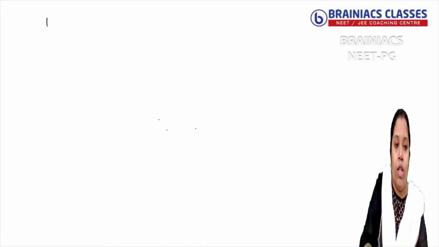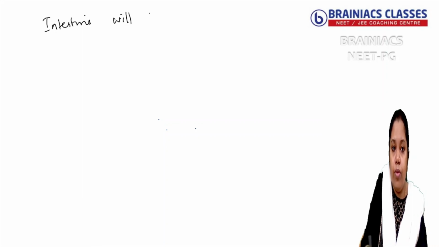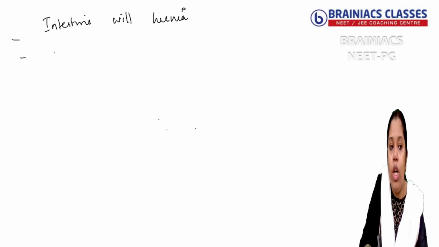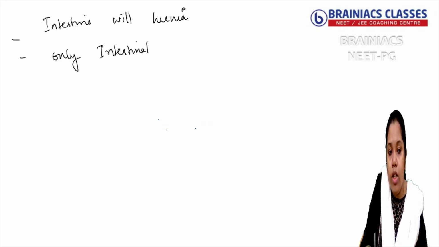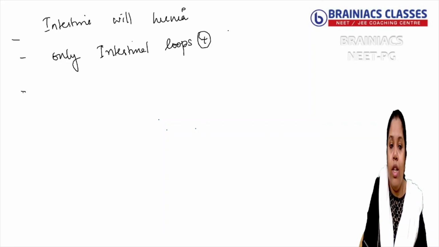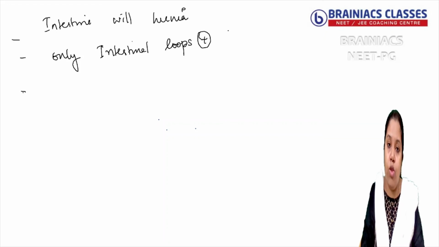So the intestine will herniate. Here, can you see any sac? No, only the intestinal loops will be present, okay? So what are the complications associated with this gastroschisis?